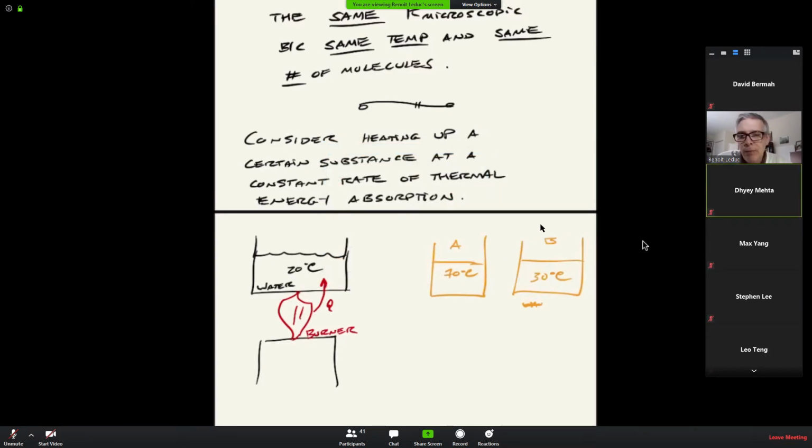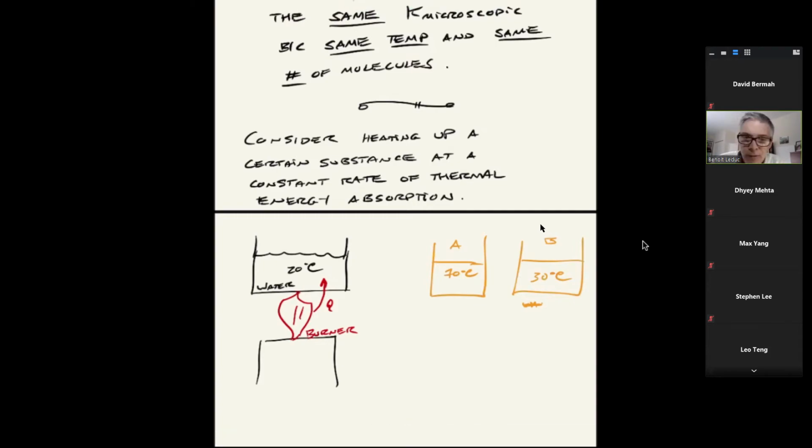And if you do an experiment, this is what you have to write down: you would notice that the thermal energy absorbed is proportional to the change in temperature of the substance. I have to go a little fast here.